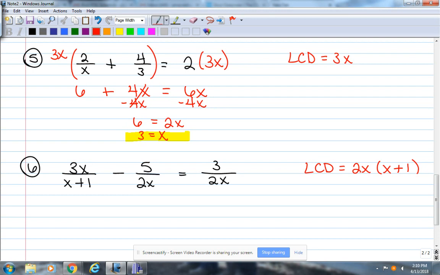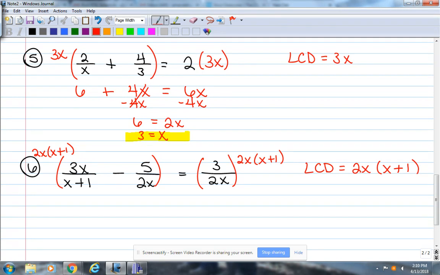So your least common denominator needs all of your different denominators. This one's repeated, okay? So my least common denominator needs 2x times x plus 1. And on both sides I multiply it times 2x times x plus 1.